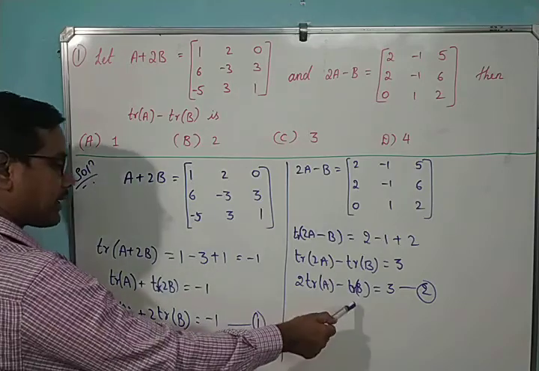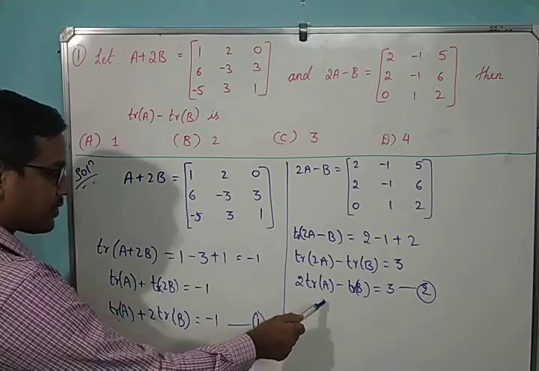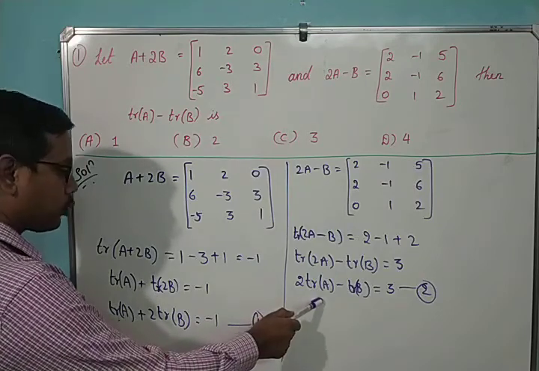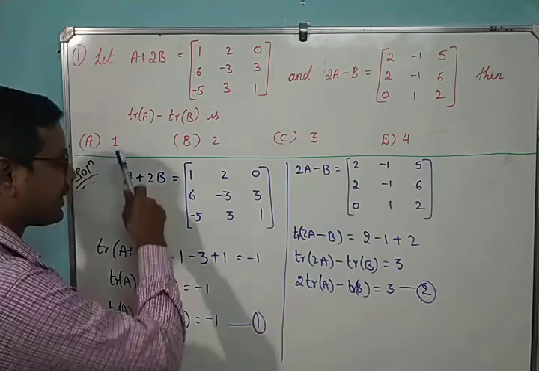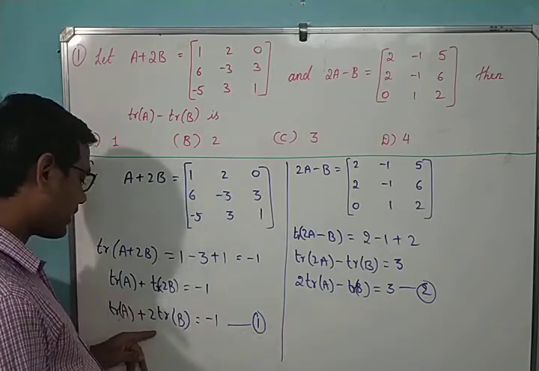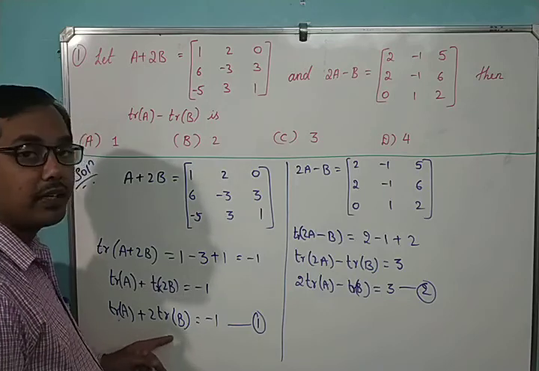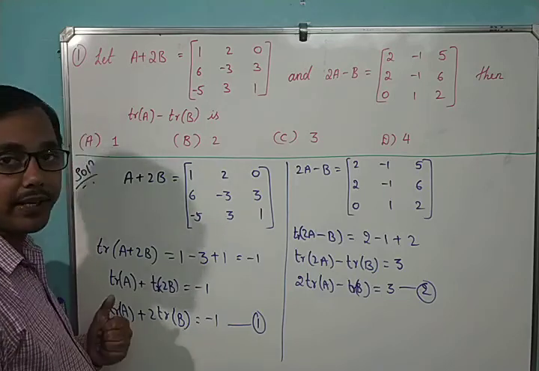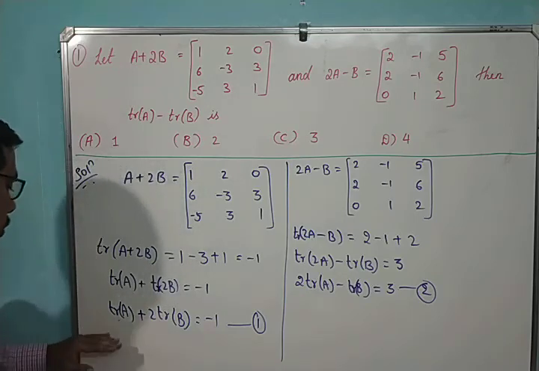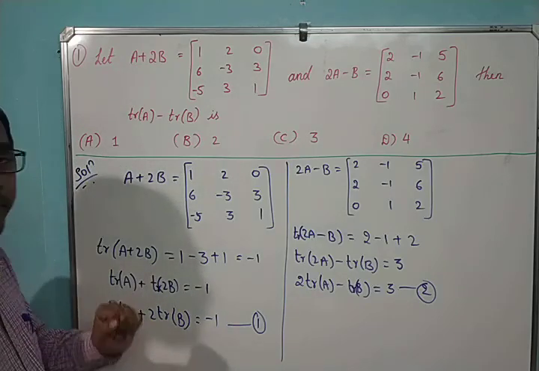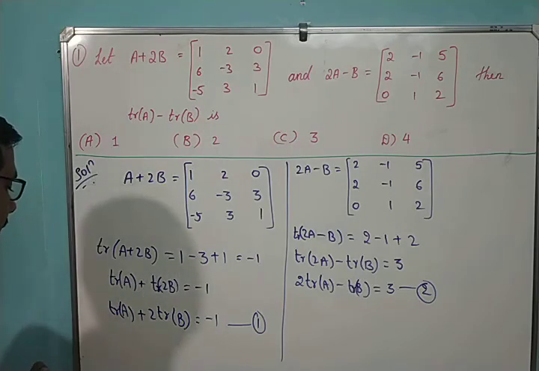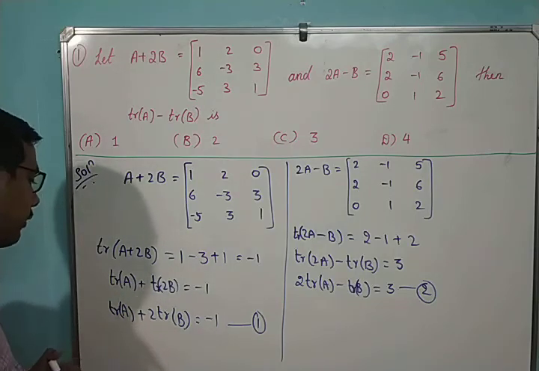If I subtract, it will be trace of A minus trace of B minus 2 times trace of B, so minus 3 times trace of B. That is not possible, right? I should eliminate one, that will be better. So let's eliminate trace of A or trace of B.